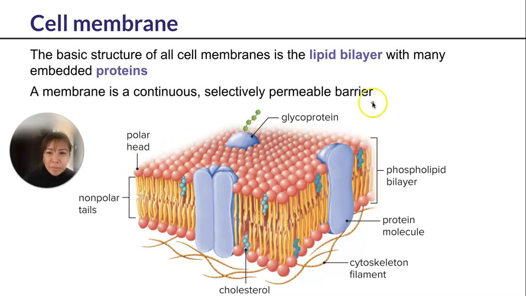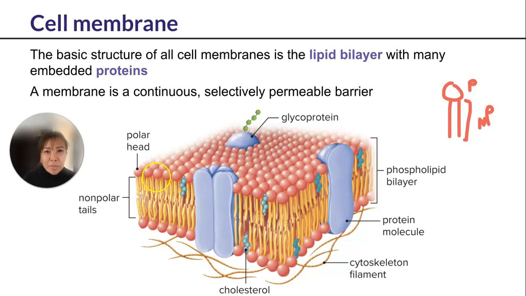A phospholipid has a polar head, due to the phosphate and oxygen in the phospholipid, and it also has a fatty acid tail. The fatty acid tail right here is nonpolar, so I'll just say NP for nonpolar, whereas the head is polar.